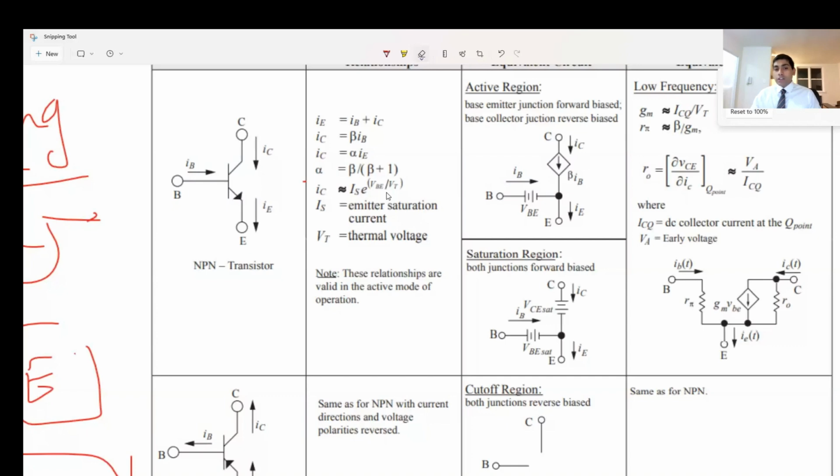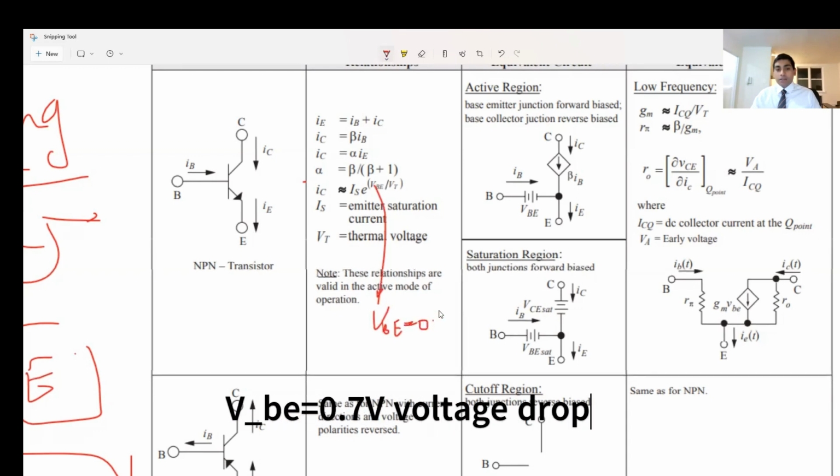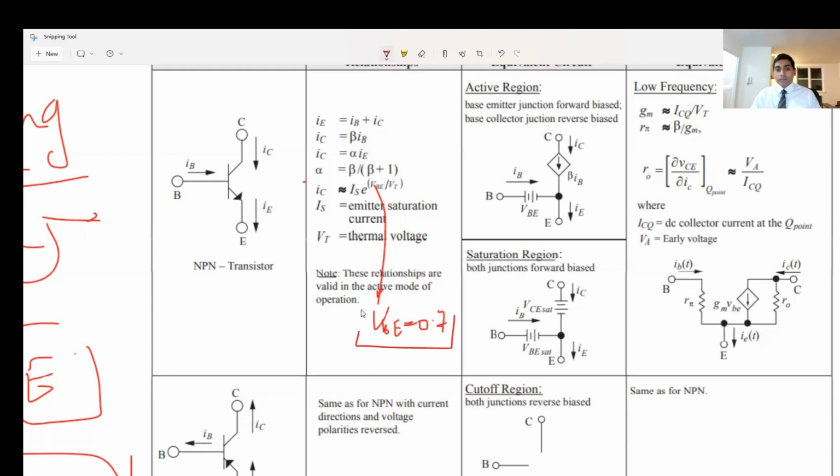Base to emitter voltage, it's working like a diode, so you can assume this voltage is always 0.7 if it's not given. So VBE, if it's not given to you, you can assume it's 0.7. Okay, so you know your VBE. VT is the thermal voltage which we just discussed. I think it was 0.026 volt, but let me just cross check.